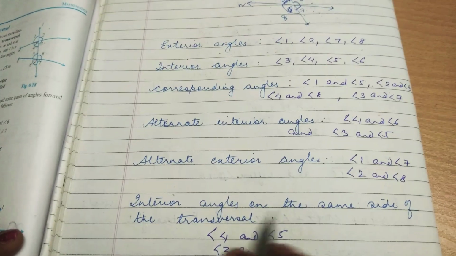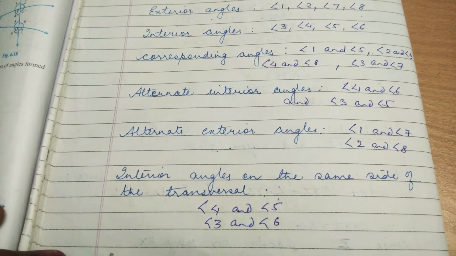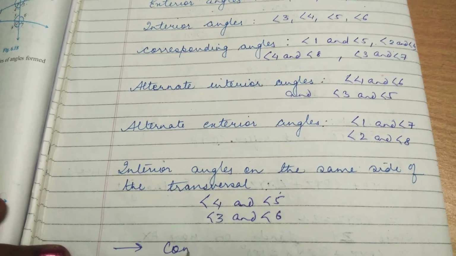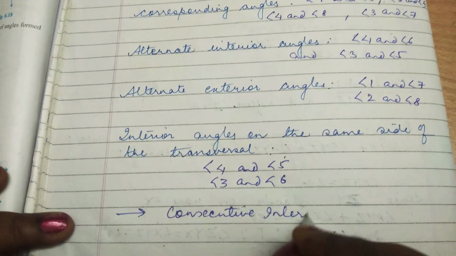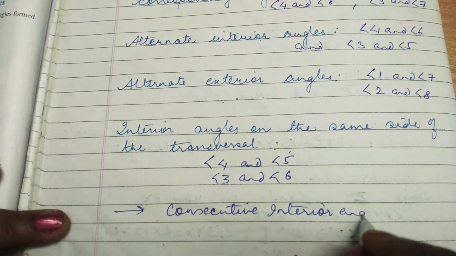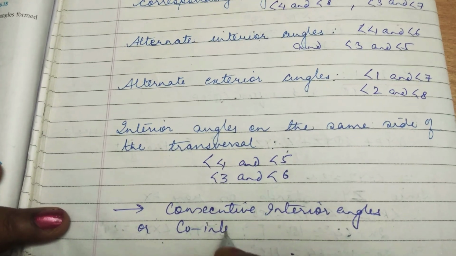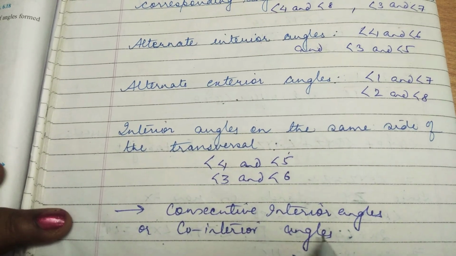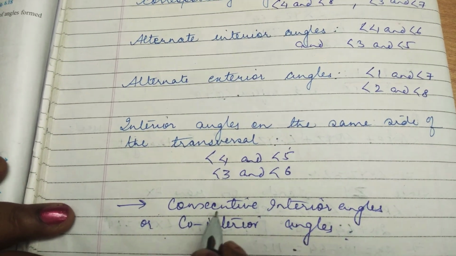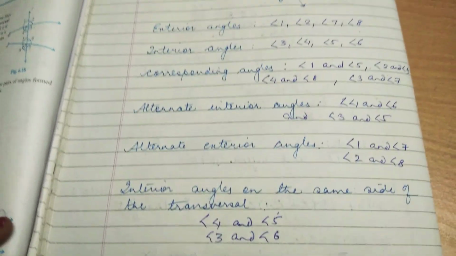Always remember, children, that interior angles on the same side of the transversal are also called consecutive interior angles or co-interior angles. So these are the terms which are used for the interior angles on the same side of the transversal.